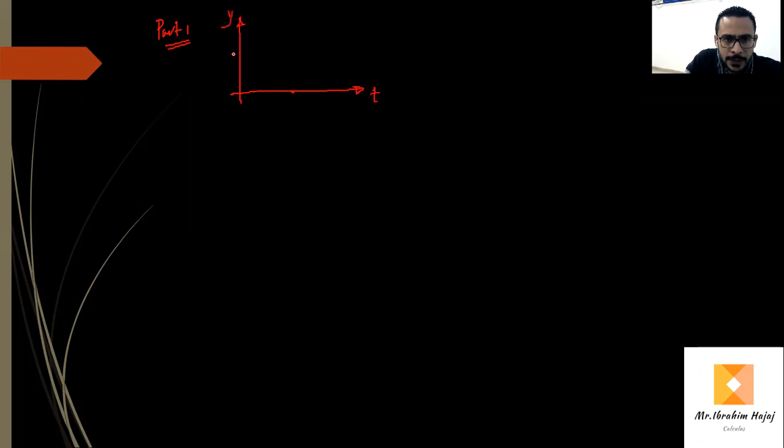This states that if you have a function like this, here is the t-axis and here is the y-axis, and we have a function y equals f of t that is continuous on the closed interval a b. Here is the closed interval a to b, so let's assume a is here and b is here.